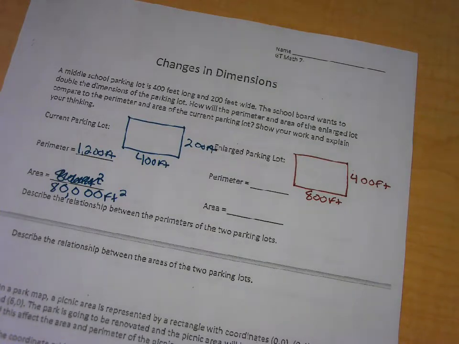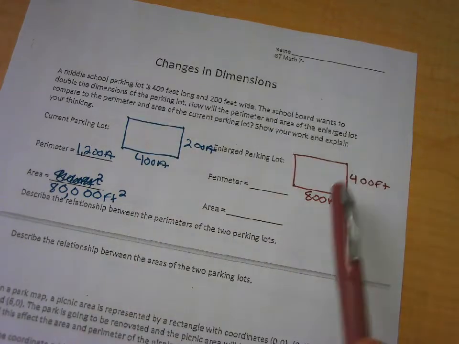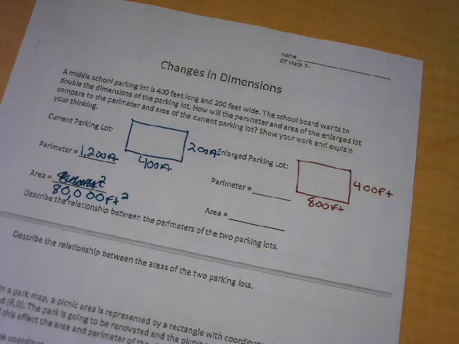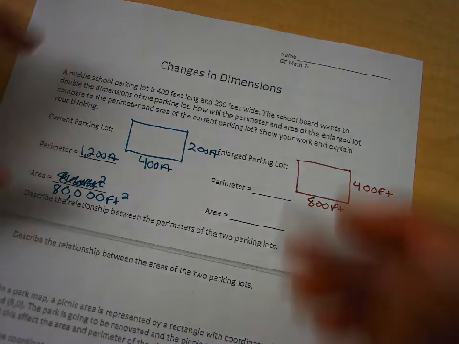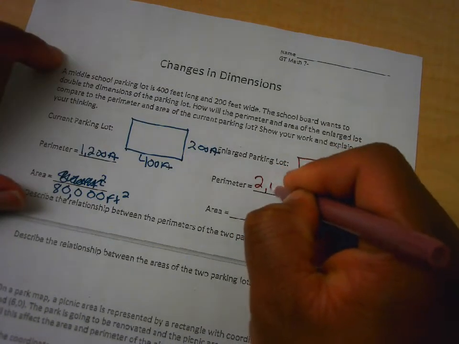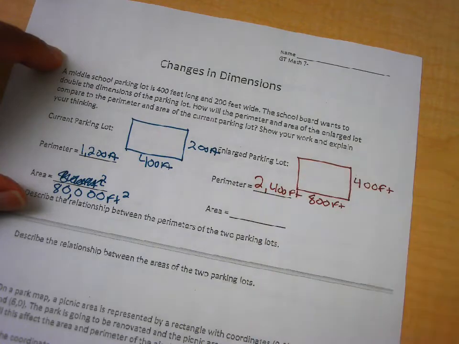So for perimeter, what would be my new perimeter? It's 400 here, 400 there, 800 here, 800 there. What would be the new perimeter? 2,400. Good. So 2,400 feet.